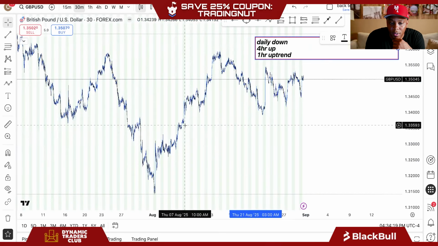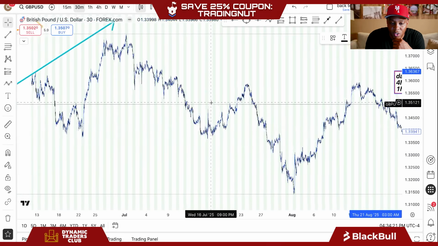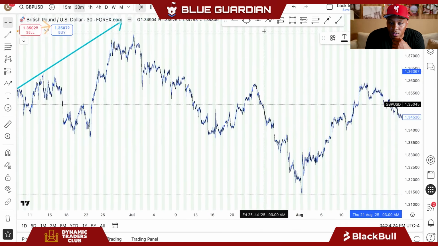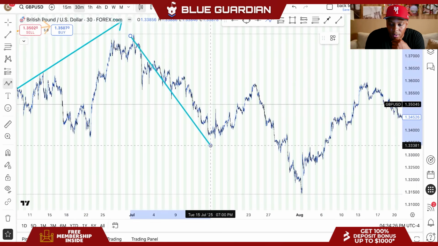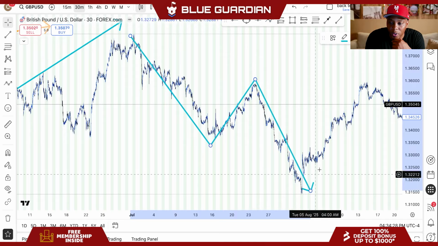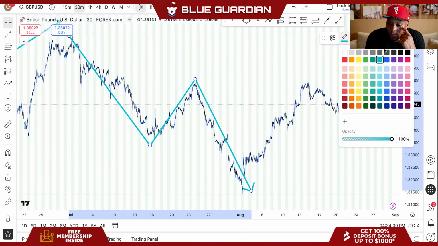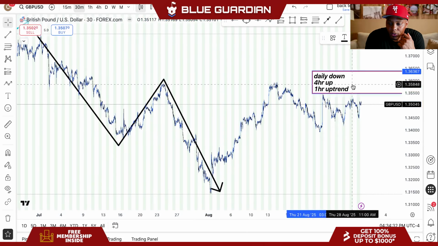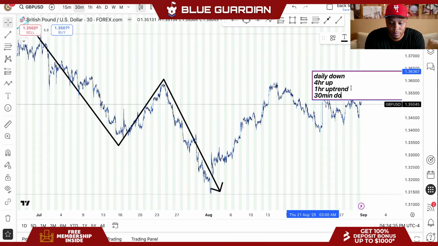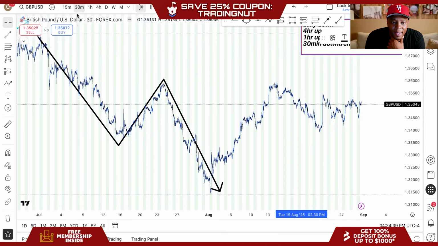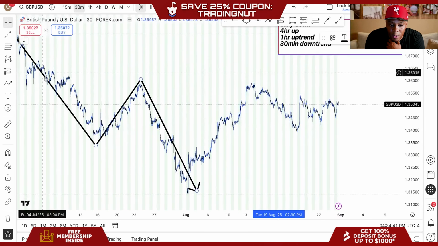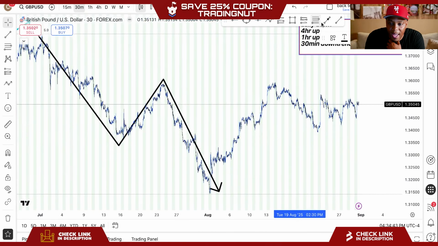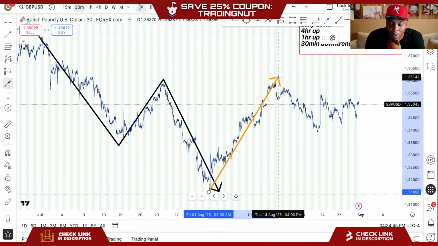Now, when I come to the 30-minute chart, I can see it is breaking this uptrend structure and it started a downtrend. So now I can see clearly what's really happening. The 30-minute chart is in a downtrend. And as I look at the 30-minute downtrend, I also see the 30-minute has created this impulse up.